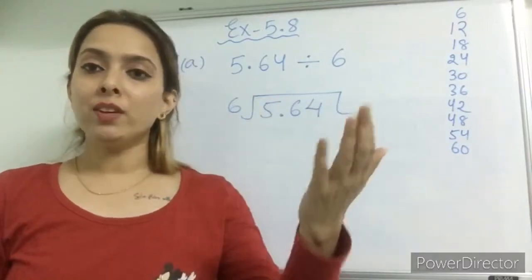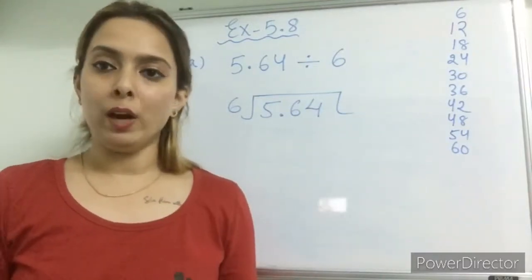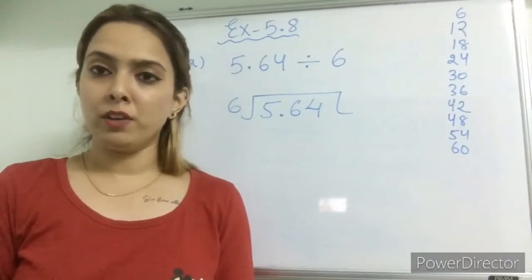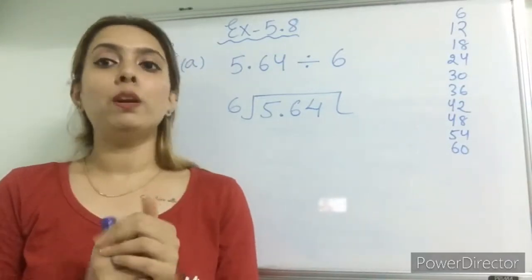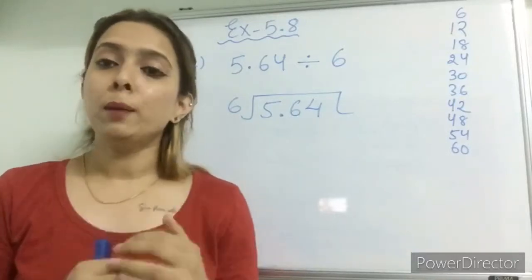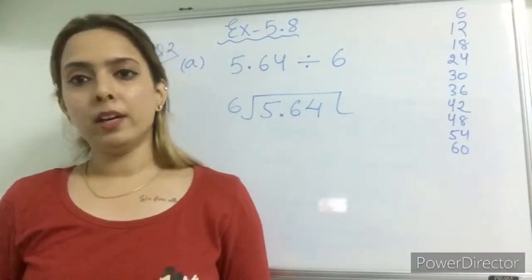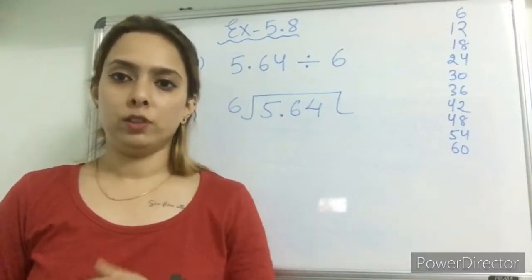In the previous question, we were getting the remainder as 0 and we finished our division. But here, if the remainder comes out to be other than 0, we can put 0 with it and divide the number further.